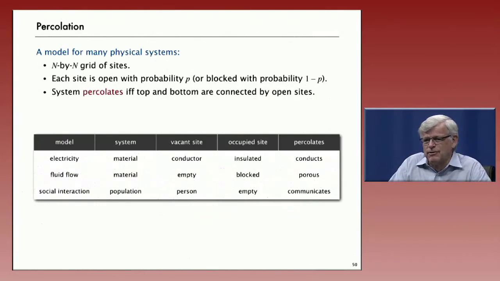So that's a model for many systems. You can think of, for electricity, a vacant site as being a conductor and a blocked site as being insulated. And so if there's a conductor from top to bottom, then the thing conducts electricity. Or you could think of it as water flowing through a porous substance of some kind, where a vacant site is just empty and a blocked site has got some material, and either the water flows through from top to bottom or not.